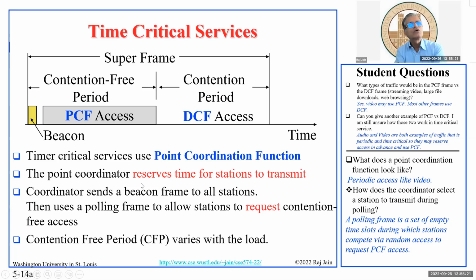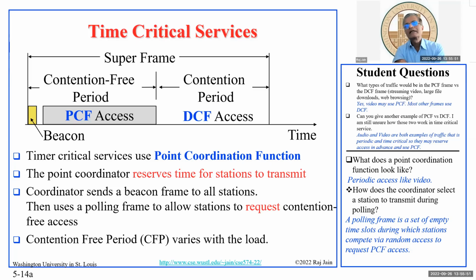The coordinator sends a beacon frame, and then it sends a polling frame to allow the stations to request contention-free access. So how does the coordinator select a station to transmit during the polling frame? There is a small frame here during which people can transmit.